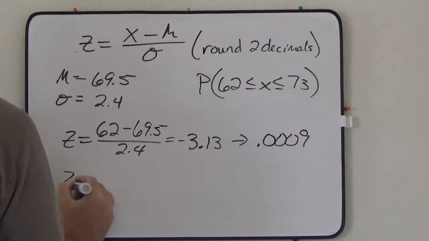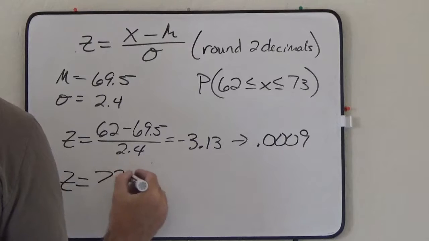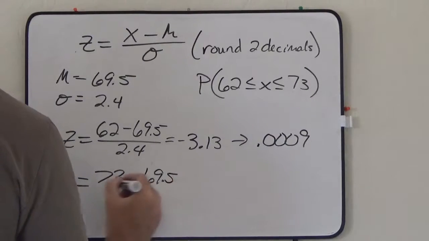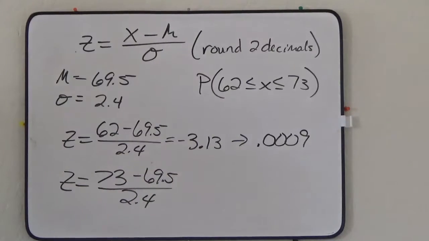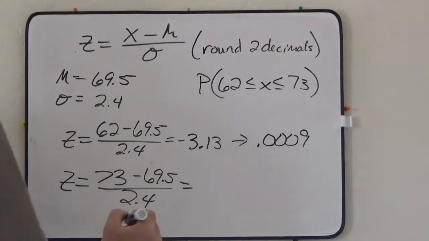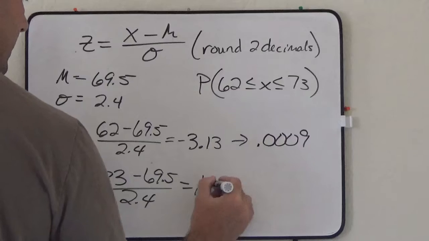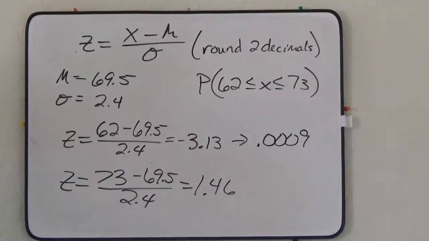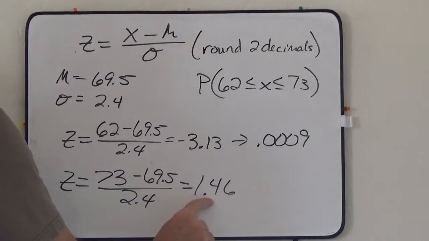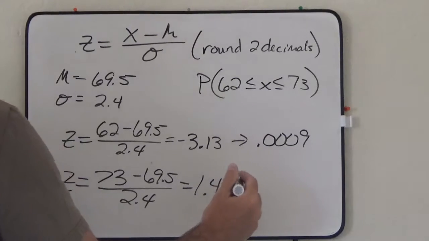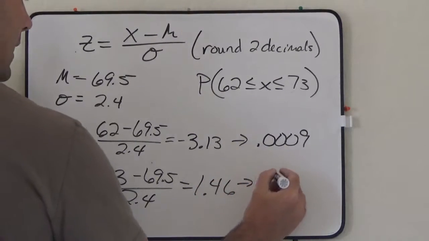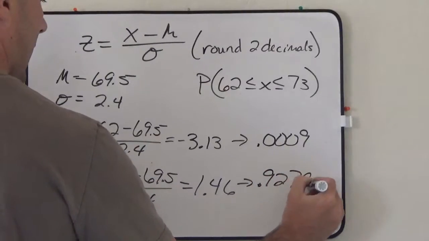Okay, next, we want to find the z-score for 73. 73 minus 69.5, divided by 2.4. Notice that those are the same. And when we solve this, we get 1.46. Now on the positive page, the row is 1.4, the column is 0.06, and that probability is 0.9279.